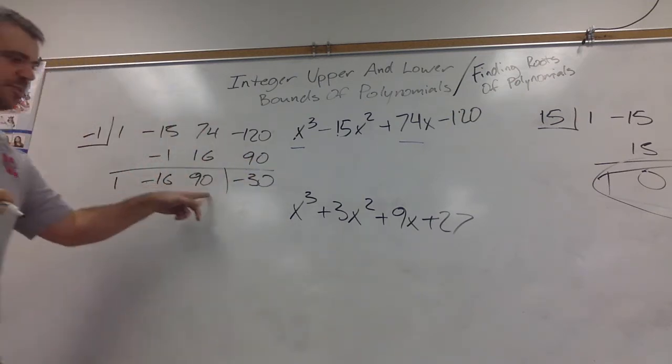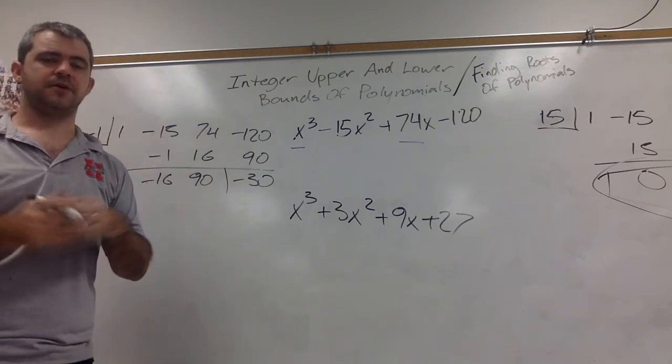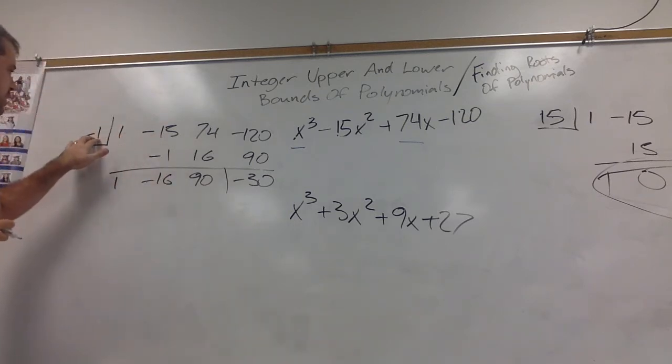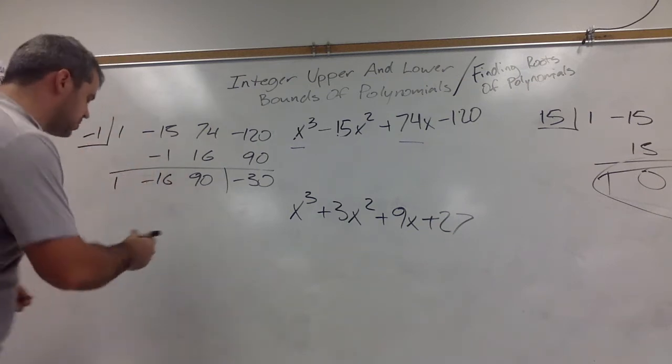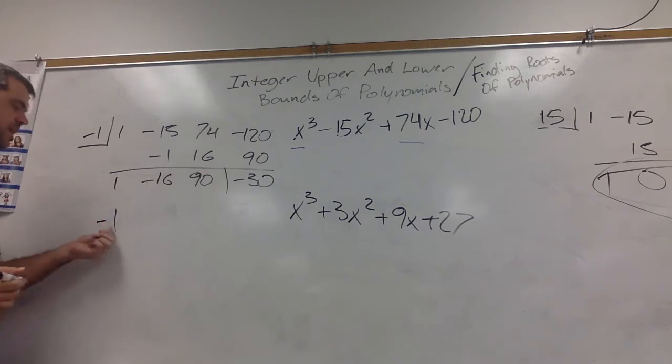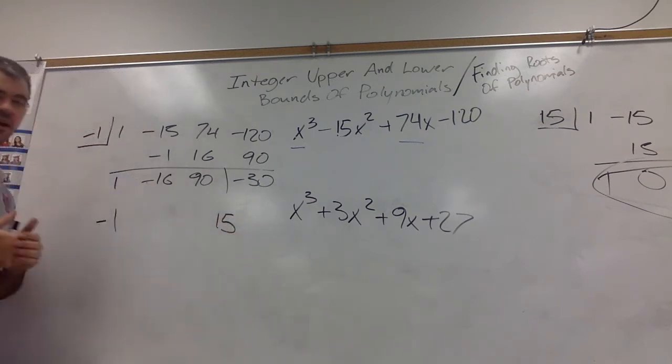So positive, negative, positive, negative. So even at negative 1, this is a lower bound. So all of my solutions are going to be between negative 1 on the negative end and 15 on the positive end.